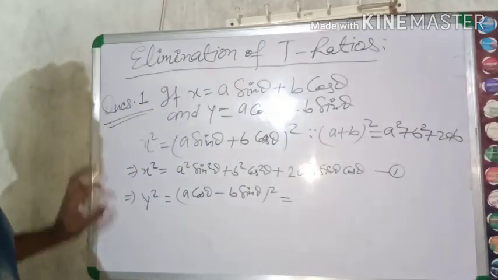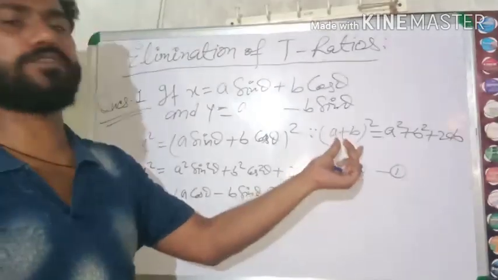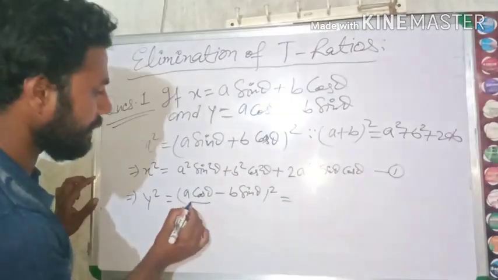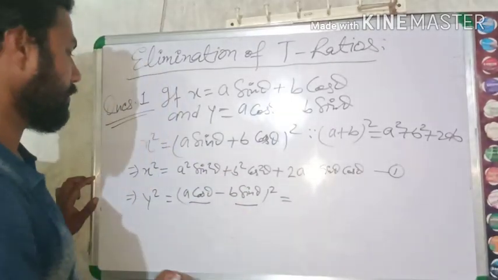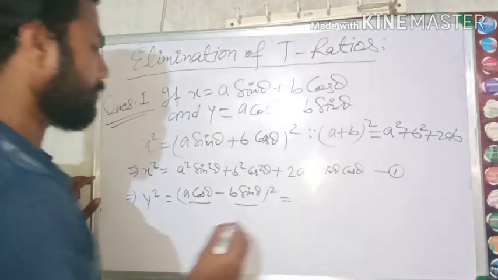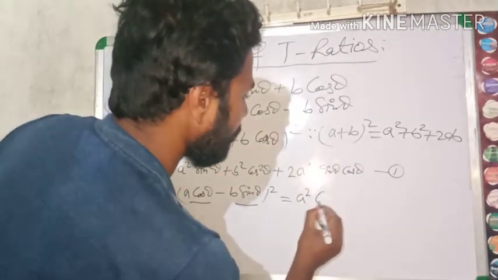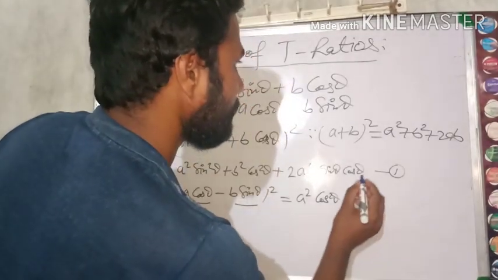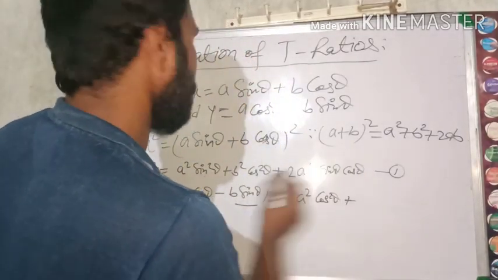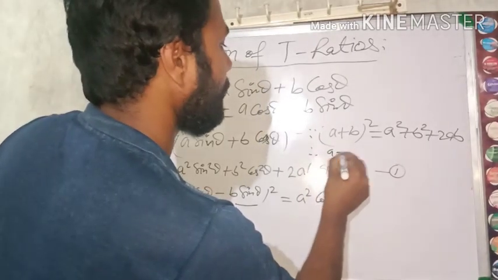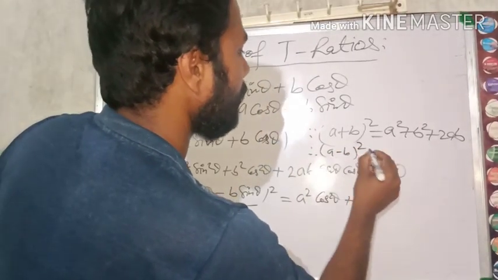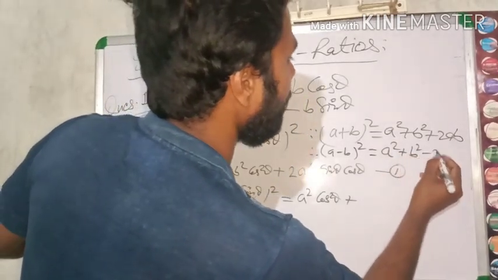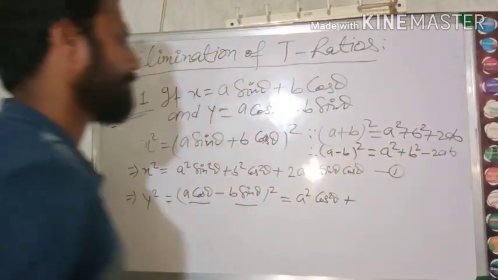This is the formula a minus b whole square is equal to a square plus b square minus 2ab.